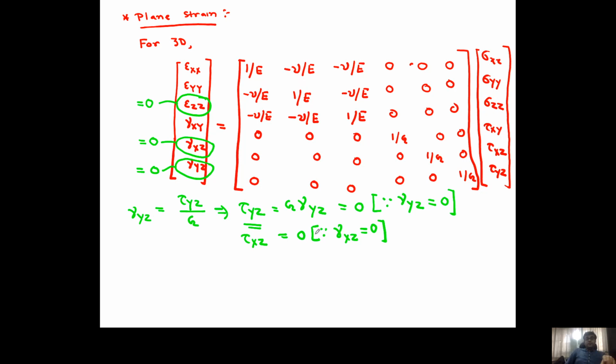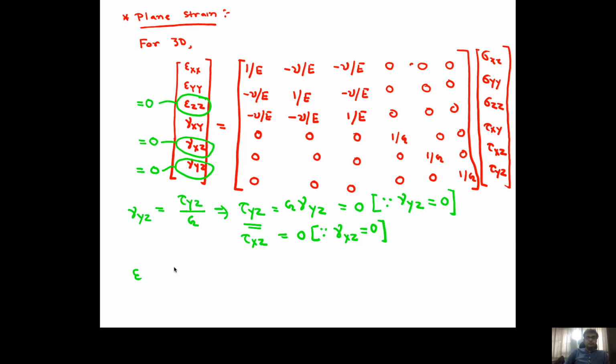Now there is one more term, which is the normal component. The shear components are straightforward. If stress is 0, strain is 0; if strain is 0, stress is 0, and that's it. So now let us come to epsilon zz equal to 0.